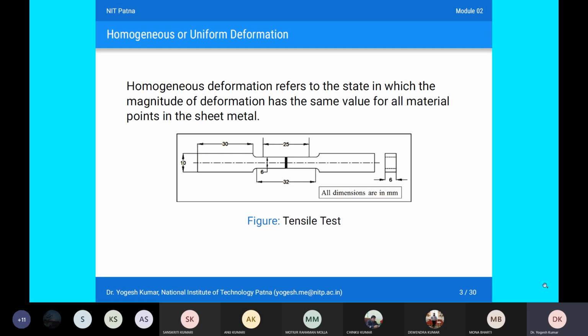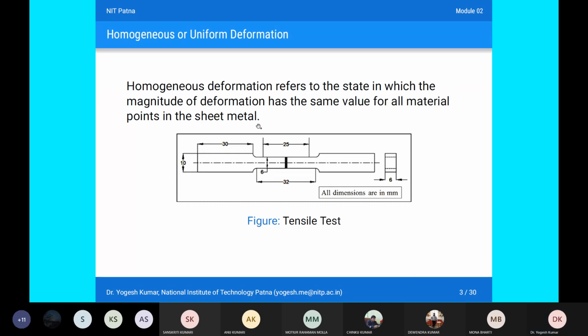During your tensile test, what we expect is uniform deformation or homogeneous deformation. For those who do not recall, I am reading it again. Homogeneous or uniform deformation refers to the state in which the magnitude of deformation has the same value for all material points in the sheet metal.